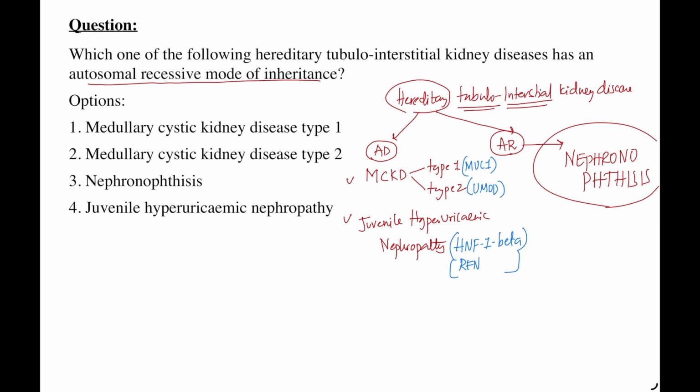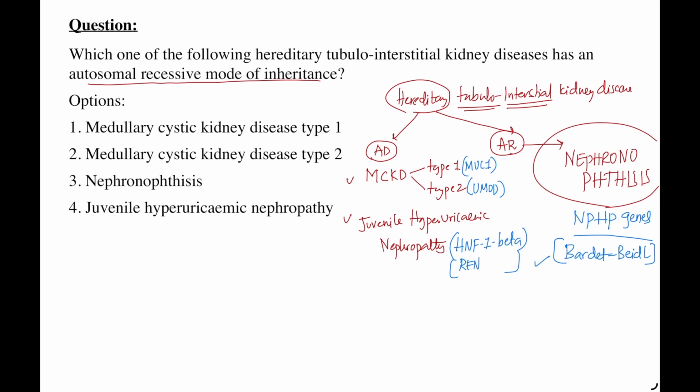It causes kidney disease because of involvement of NPHP genes, and this is inherited in an autosomal recessive fashion, and it is part of an important syndrome, that is Bardet-Biedl syndrome. I'm talking about nephronophthisis, which is one of the common causes of pediatric end-stage renal disease.